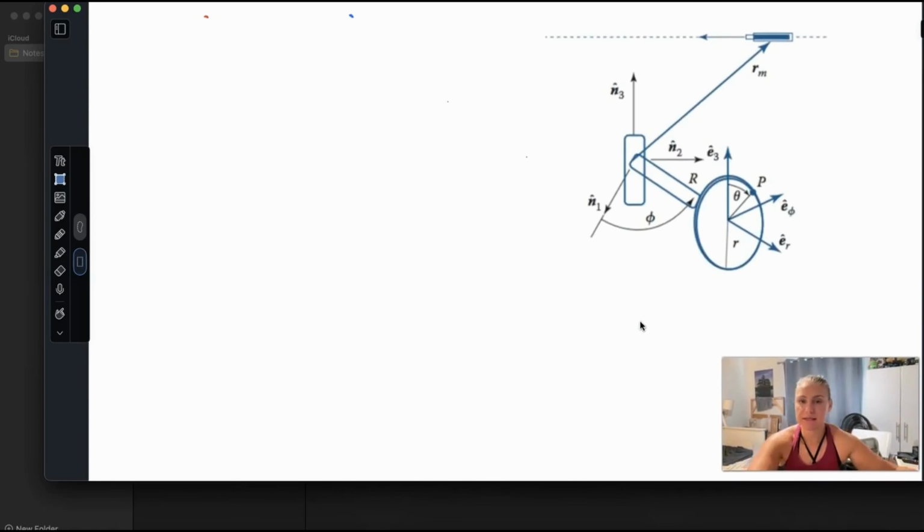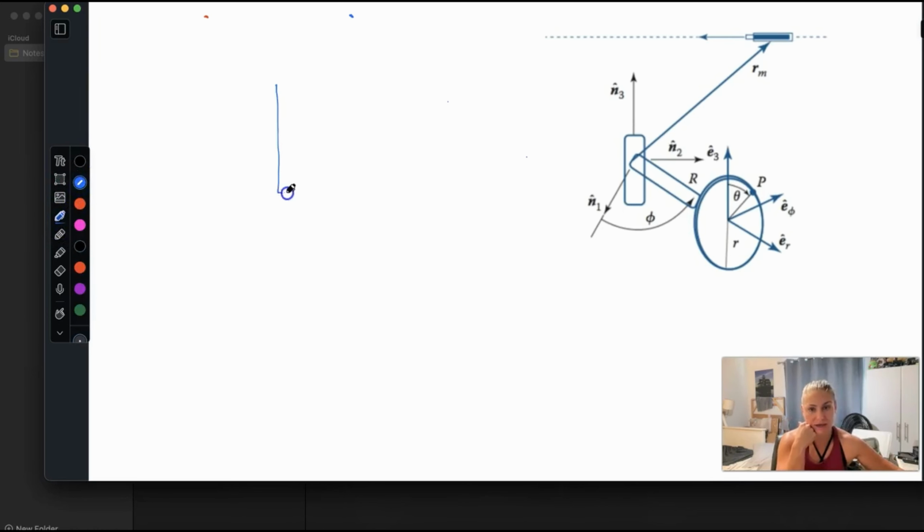Okay, so let's just look at when we project a vector onto axes, really. That's all we're really doing. So let's take a look at two different ways of doing this vector transformation.